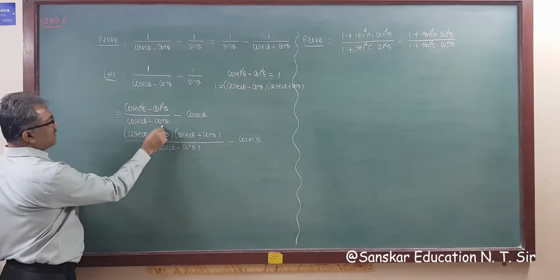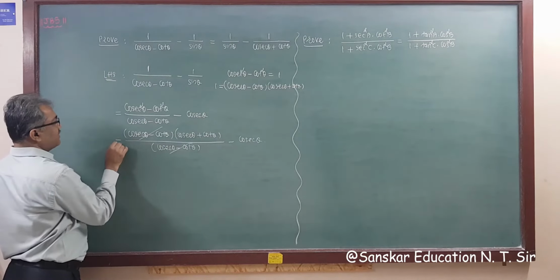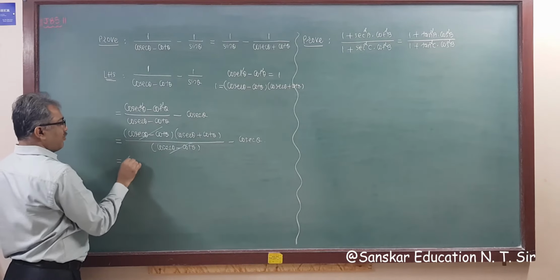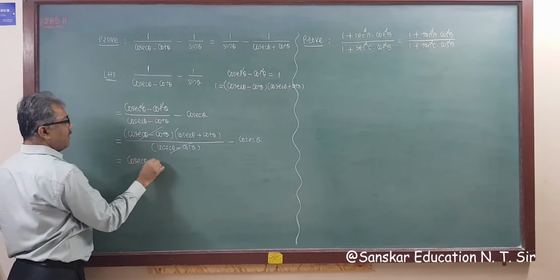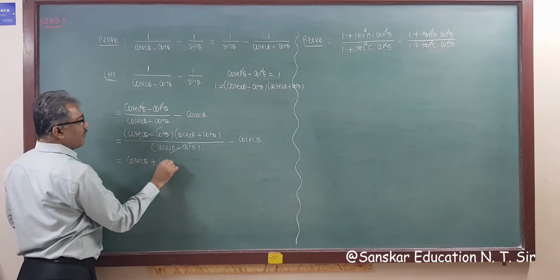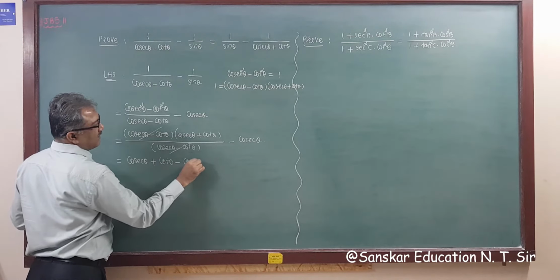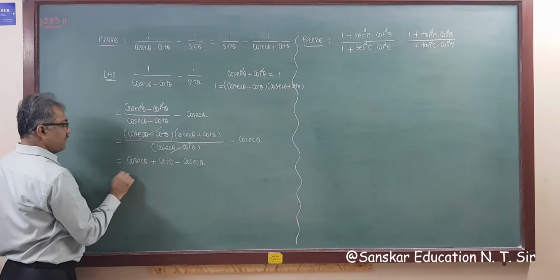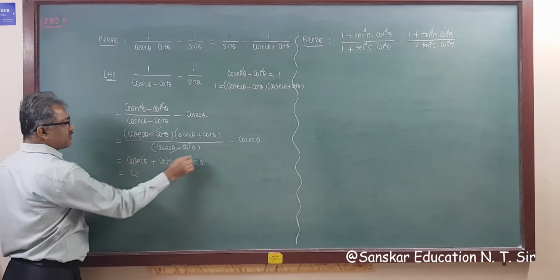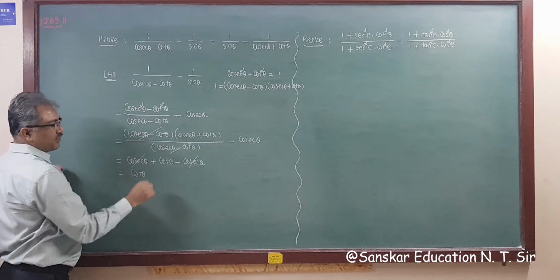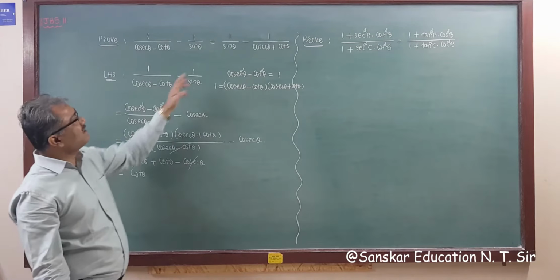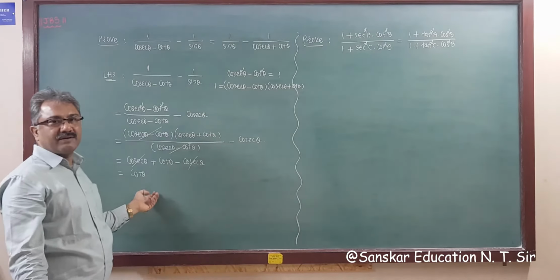So this cosec theta minus cot theta will cut, so remaining will be cosec theta plus cot theta minus cosec theta. Cosec will cut, so the answer will be cot theta. But this is the left hand side; the right hand side is not given this yet.